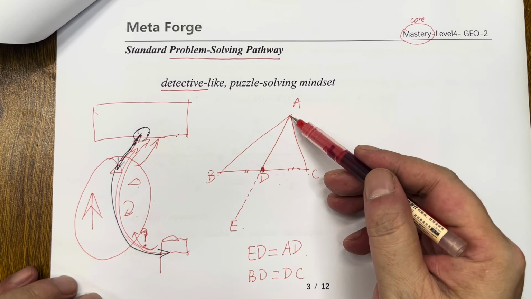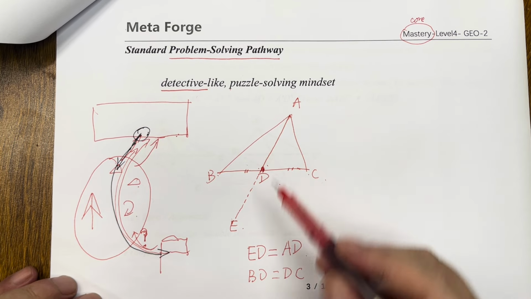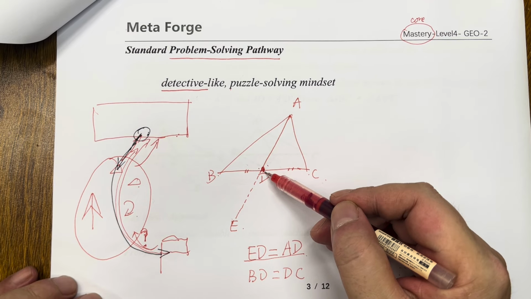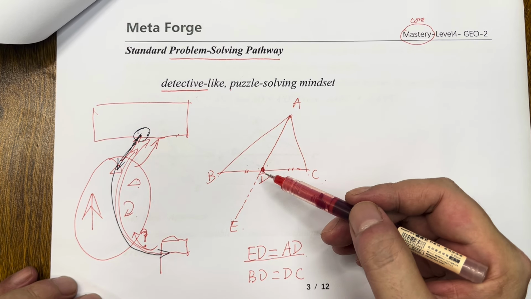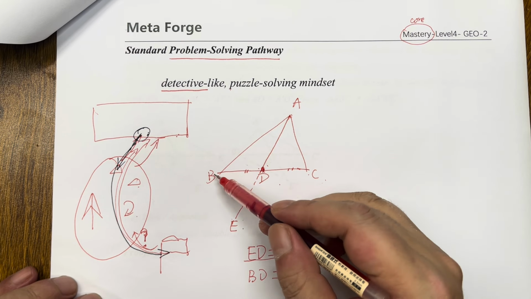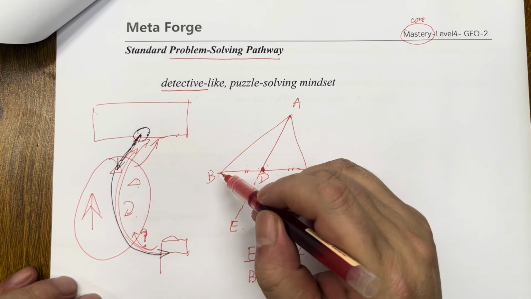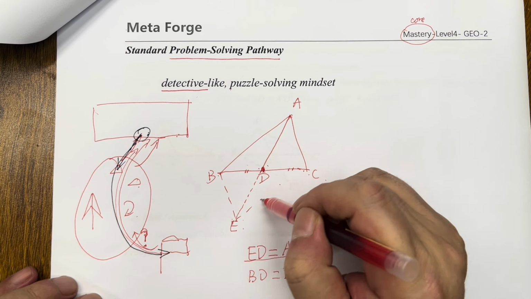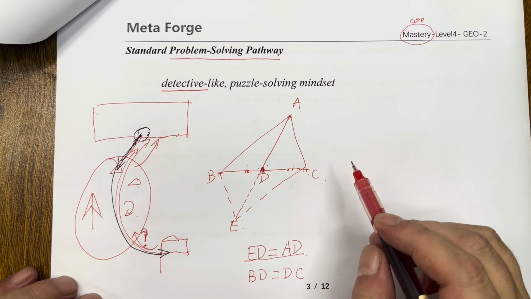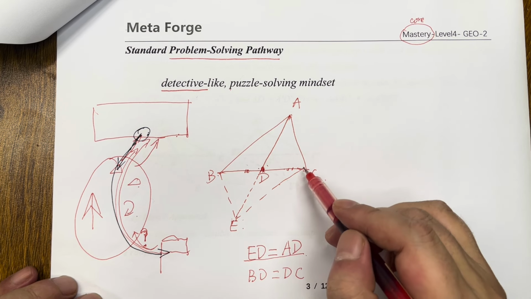And you define ED equals DA. Double the median. So it's a very clear diagram of a parallelogram. The two diagonals bisect each other.